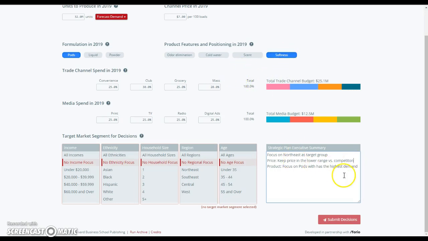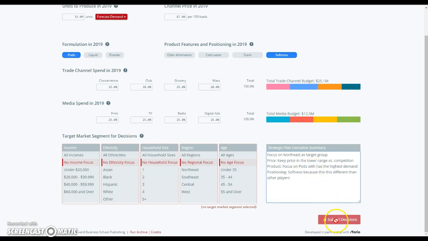So this one is we're looking at softness, so the positioning will be softness. Because this is different than others. I think. And so forth. So here you put in your strategy.